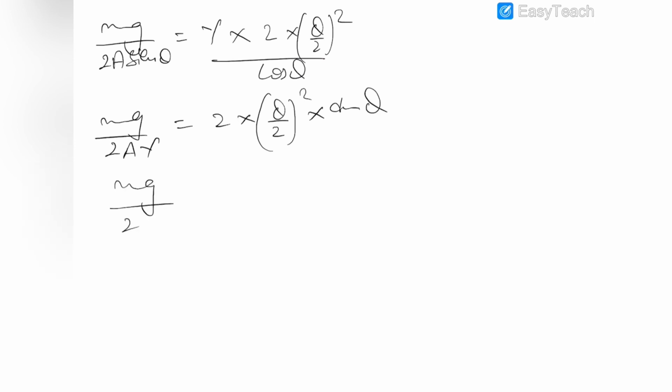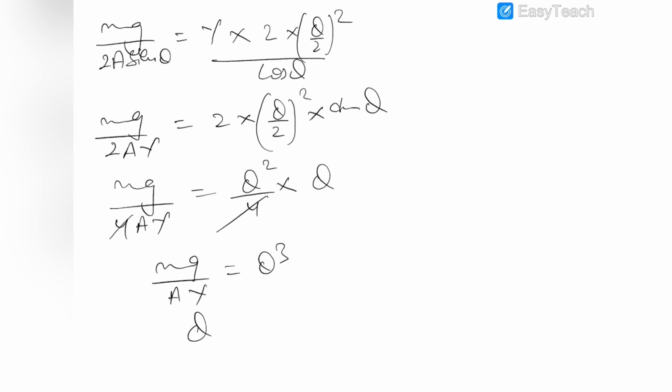So mg by 4a gamma is equal to theta square by 4 into theta. So cancelling this 4 with 4, you can see that mg by a gamma is equal to theta cube, and theta is equal to (mg by a gamma) to the power 1 by 3.